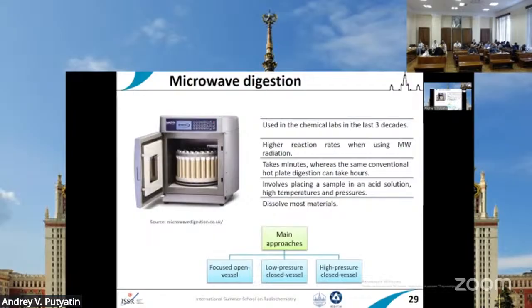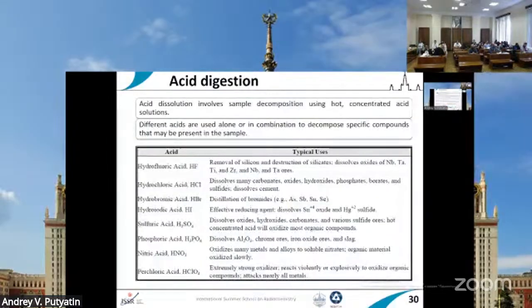So it is more convenient, faster and more efficient than acid digestion. And acid digestion is a very simple method. I think in any lab we are doing this. You just put your sample in a glass, cover it with another glass, and heat it for several hours until it either completely dissolves or all the radionuclides are leached.